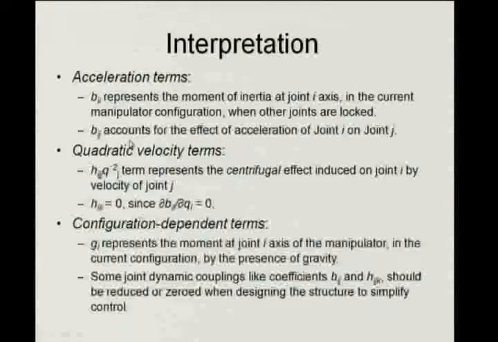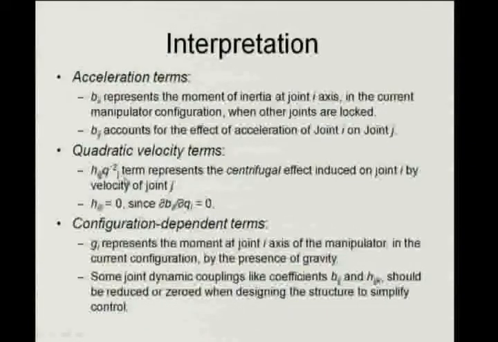And the B_ij term is the effect of acceleration of joint j on joint i, so that has a component in the final torque. Then you have quadratic velocity terms. I really hate this term centrifugal. So this G_ij term with q dot j squared turns up.